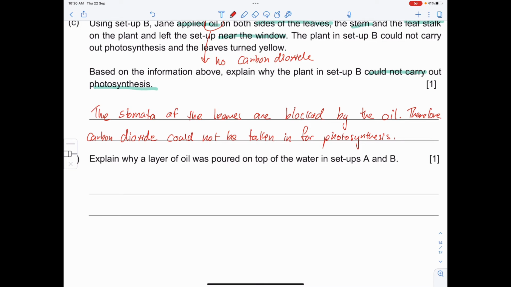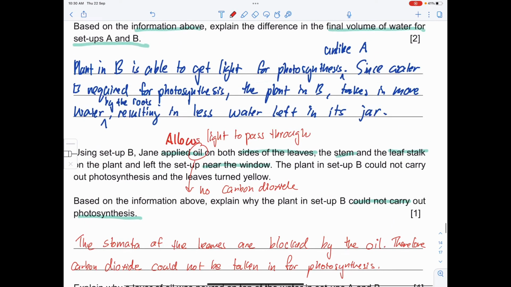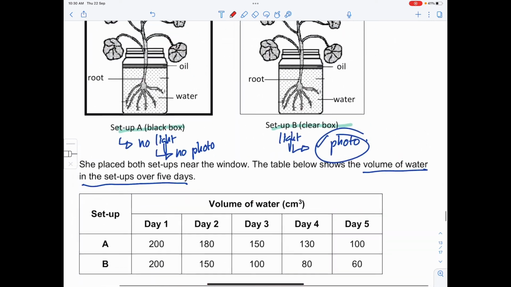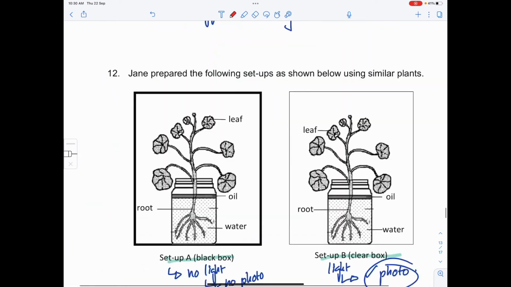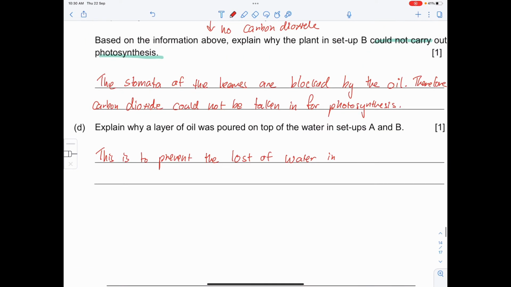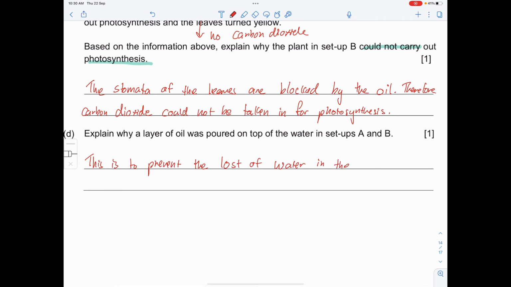Next, explain why a layer of oil was poured on top of the water in setup A and B. So basically, this is to prevent the loss of water in the container via evaporation.